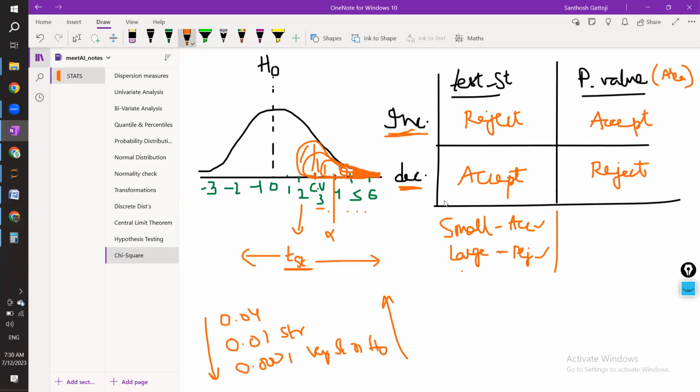A small p-value will reject because it moves away from the null hypothesis. But if the area is becoming bigger and bigger, it is coming towards the null hypothesis, which makes us accept the null hypothesis.